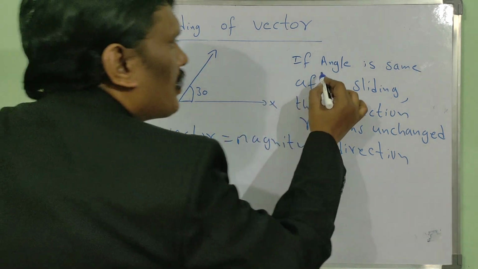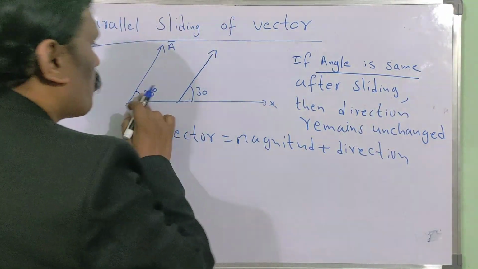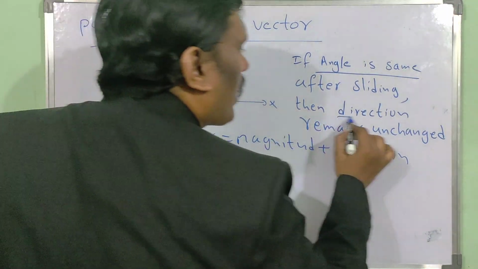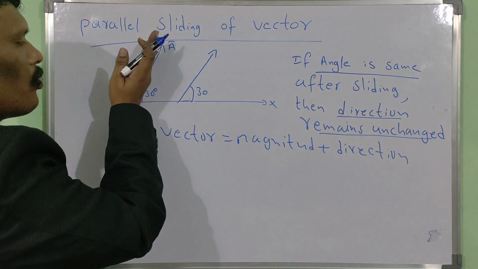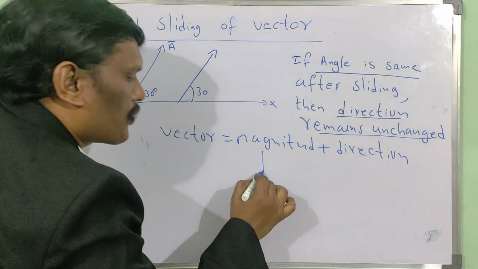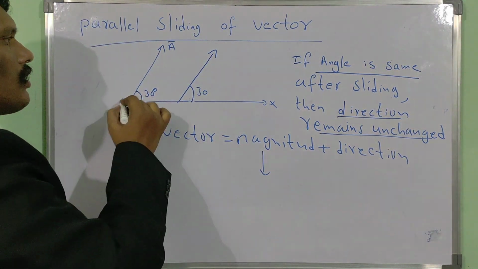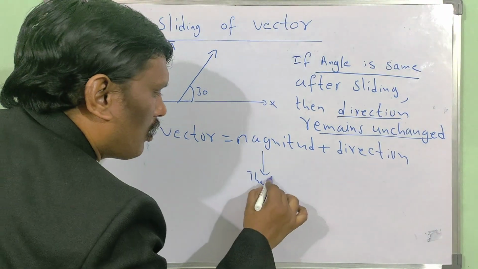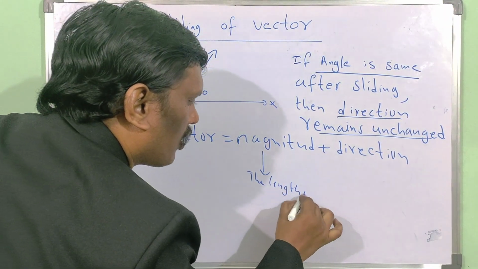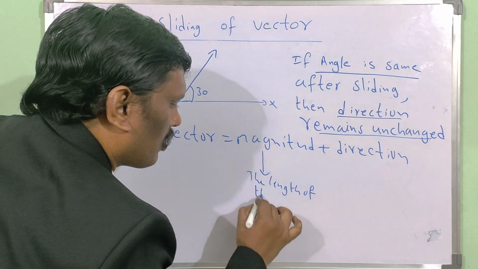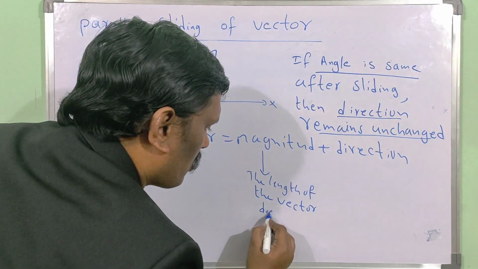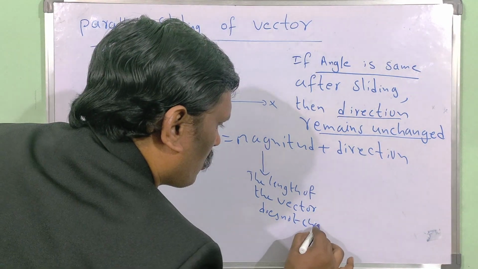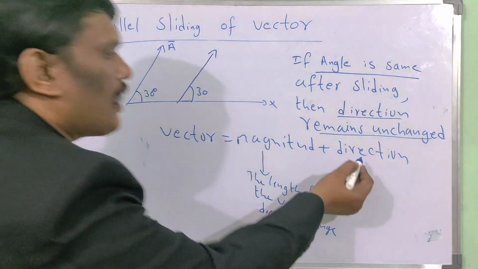In such a condition, if the angle is the same at both positions, then direction remains unchanged. Then when I do the parallel sliding, magnitude won't change, meaning the length of the vector does not change. And direction also does not change.